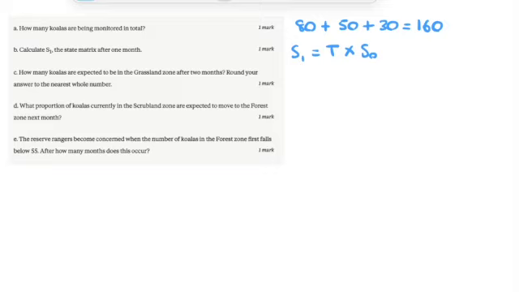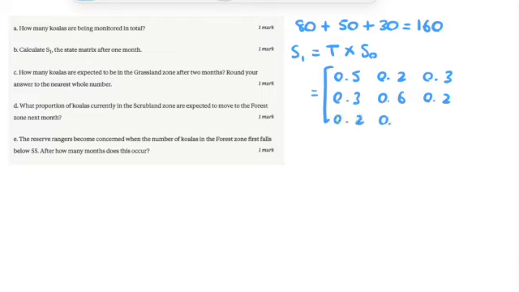Remember, our T matrix was 0.5, 0.2, 0.3. On the next line, 0.3, 0.6, and 0.2. And then we have 0.2, 0.2, and 0.5.